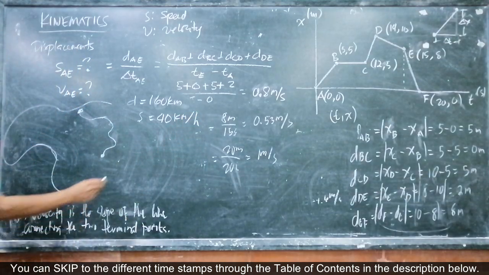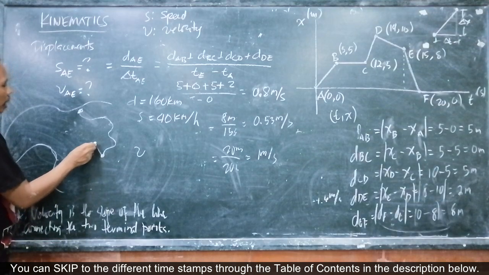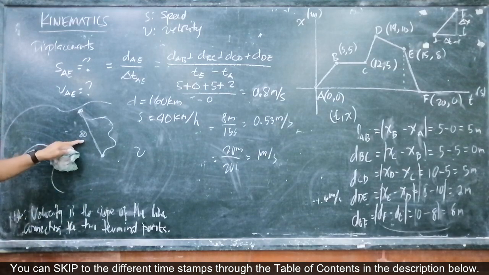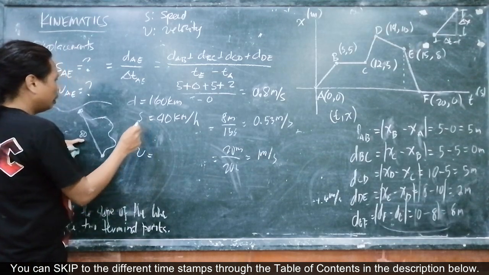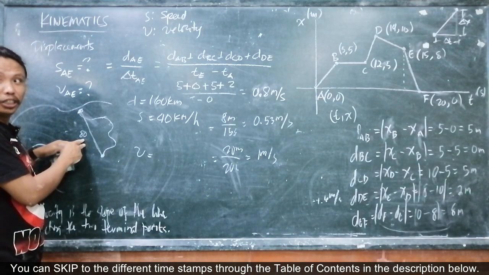But how about the average velocity? The average velocity is this distance here. And if this is 160, we can think this might just be 80, right? Okay, daghan man ka nag-curve. So that our average velocity is just what? That's 4 hours, 80 kilometers divided by 4.